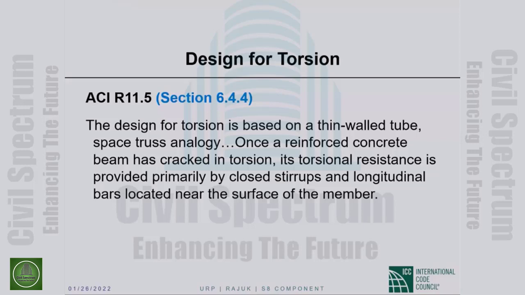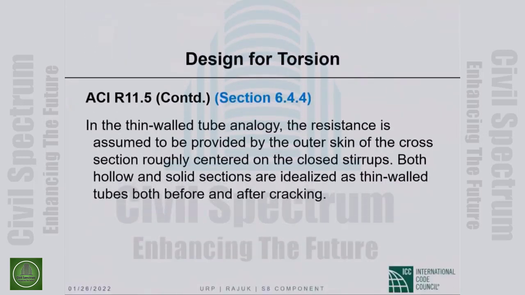Actually, it is not primarily, it is entirely by closed stirrups and longitudinal bars located near the surface of the member. In the thin-wall tube analogy, the resistance is assumed to be provided by the outer skin of the section, roughly centered on the closed stirrups.